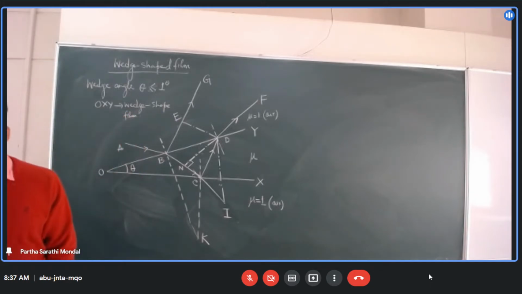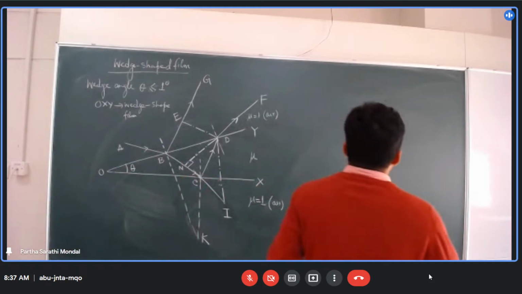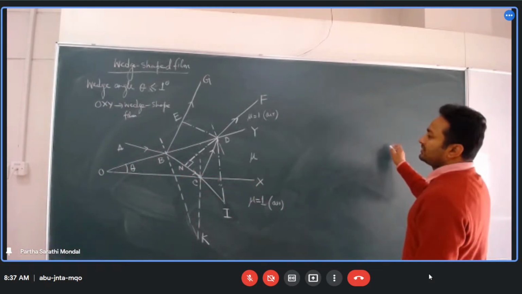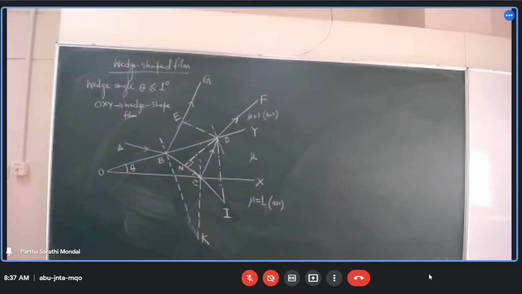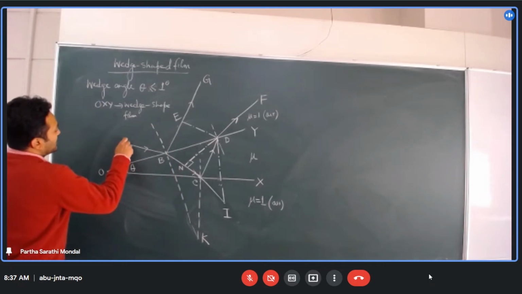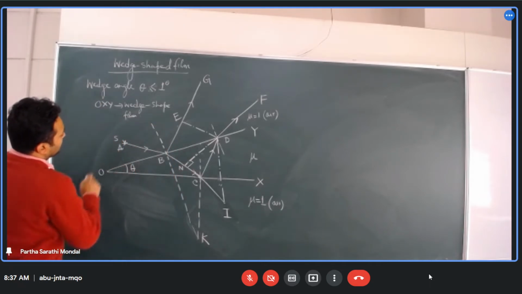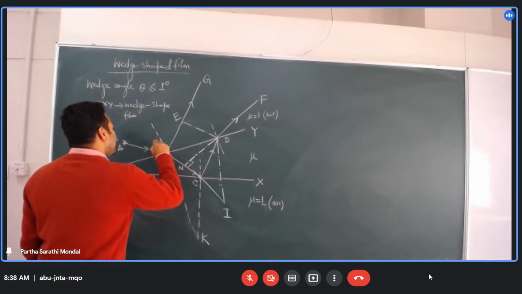Okay, so now, for the parallel film, what did we do? So now, another thing. This is the light coming out from the source S, let's say, and it is incident on B with an angle, let's say i.